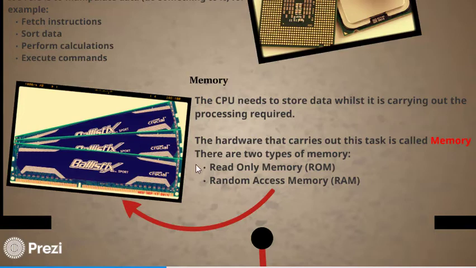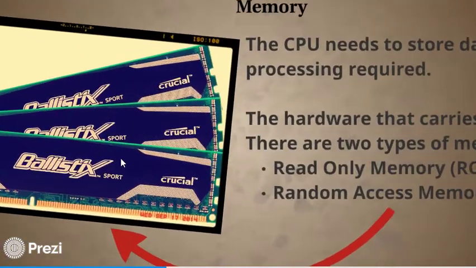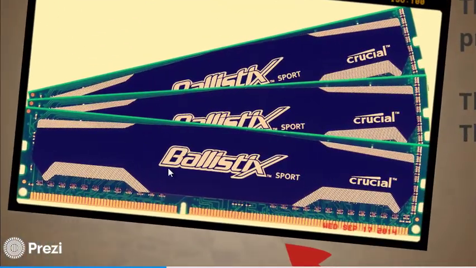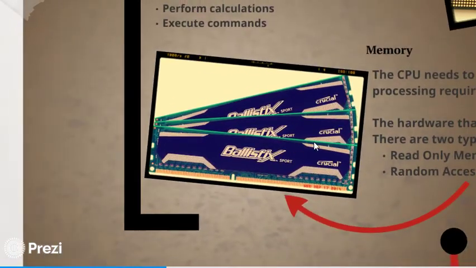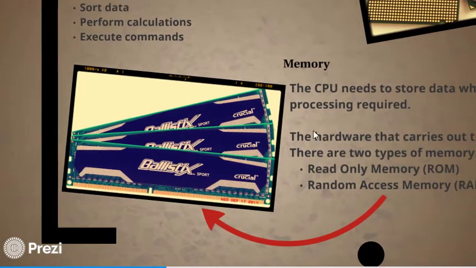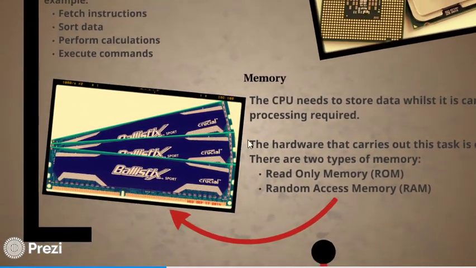Anything you need, say for example data from your hard disk or from your flash drives, won't be accessed by the processor directly, but has to be loaded first into this memory stick, into the RAM, before it can be processed by the processor. That is why the RAM is the primary storage device.